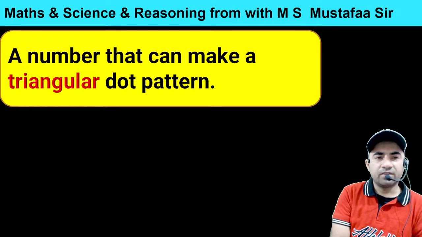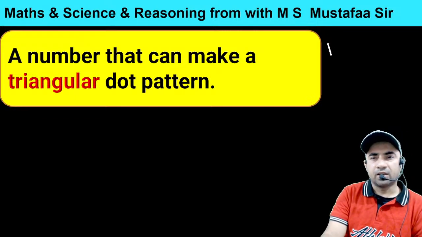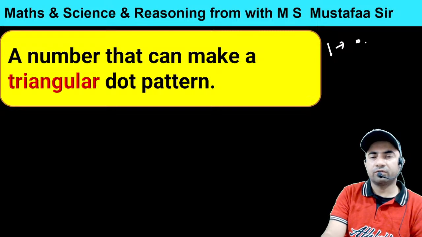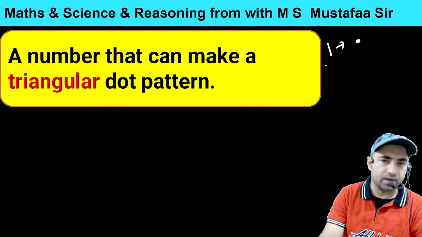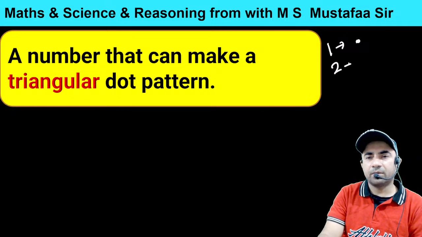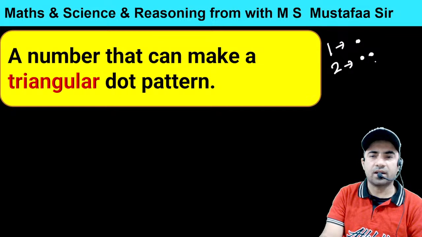So whenever we have any number, if we have 1, it has only one dot, so this one dot cannot make a triangular pattern, right? Next we have number 2, so just take 2 dots. 2 dots also cannot represent a triangle.